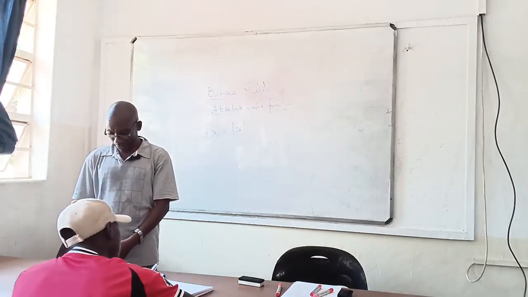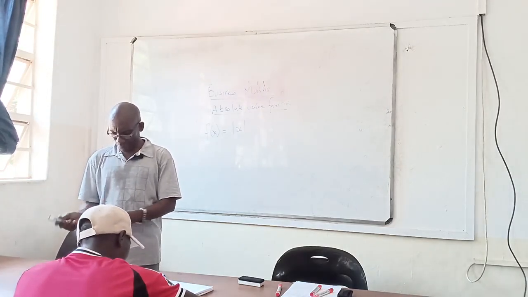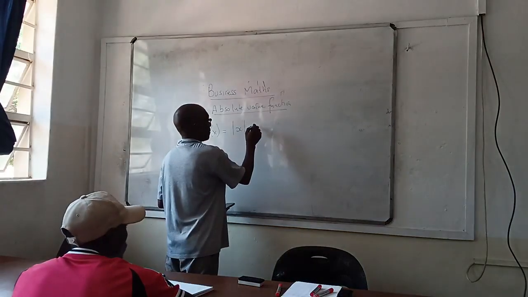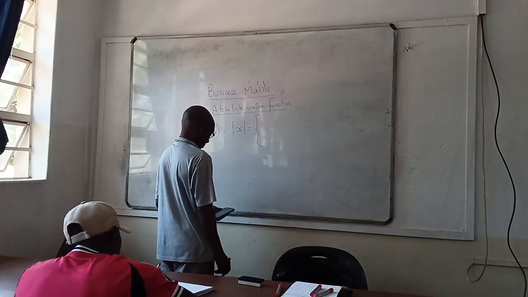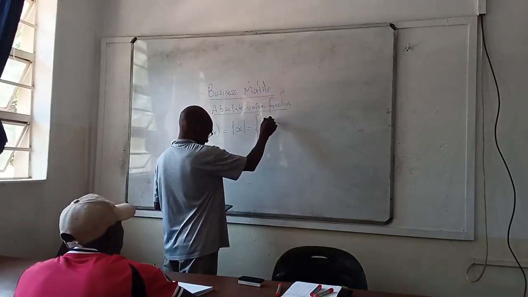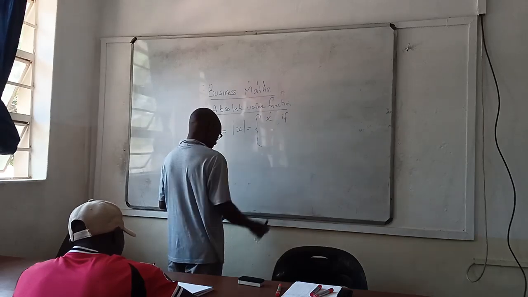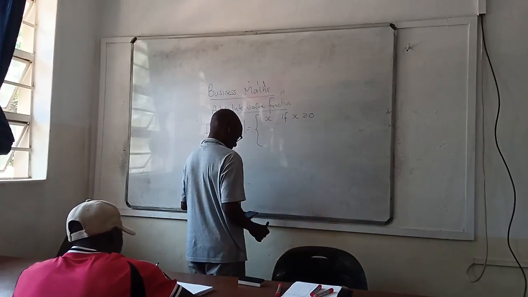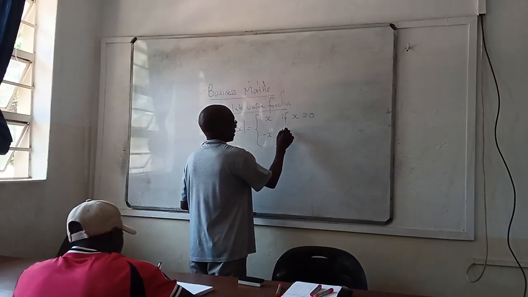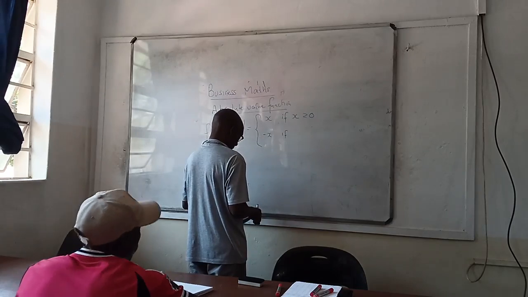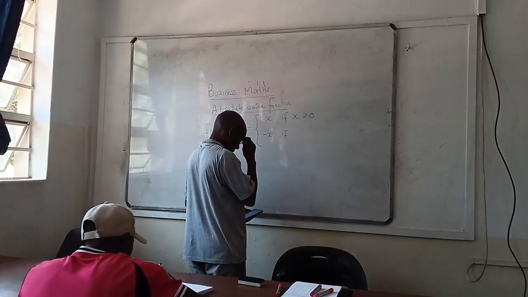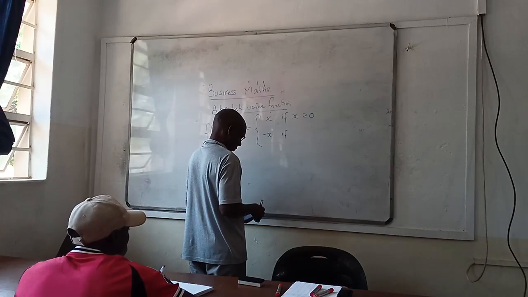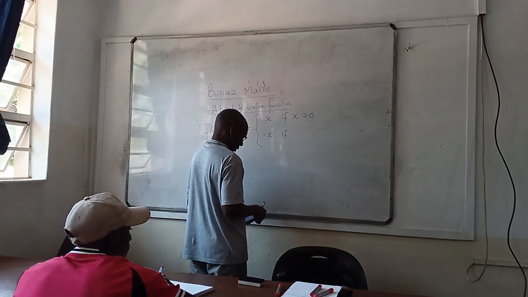Let me give you an example of an absolute value. Assume that this function is defined by x, if x is greater than or equal to 0, and negative x, if x is less than 0.